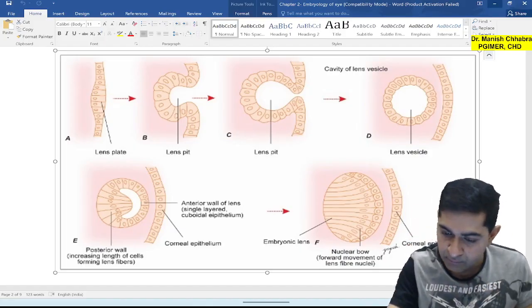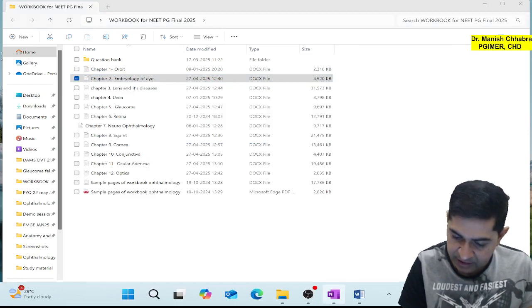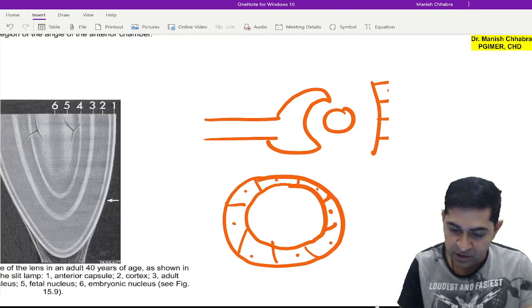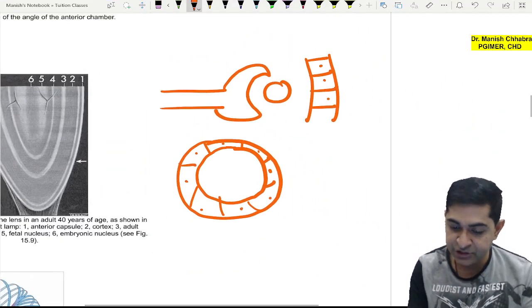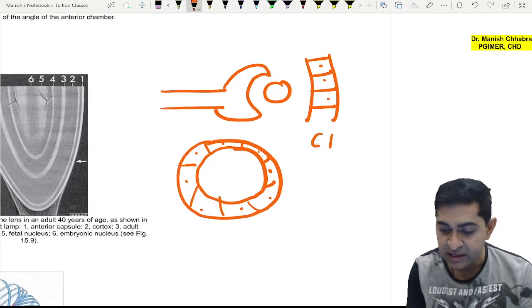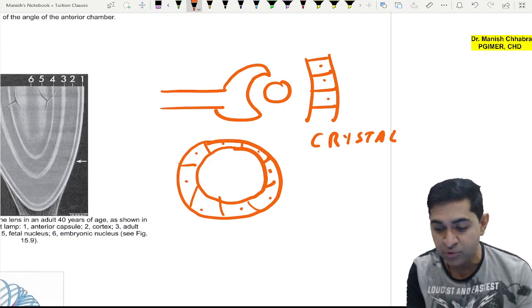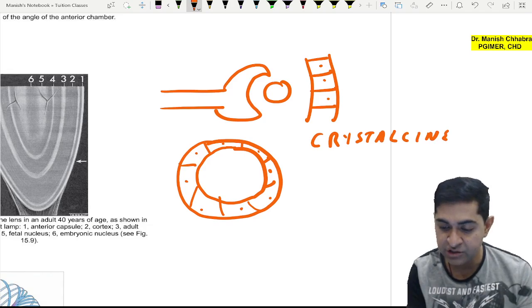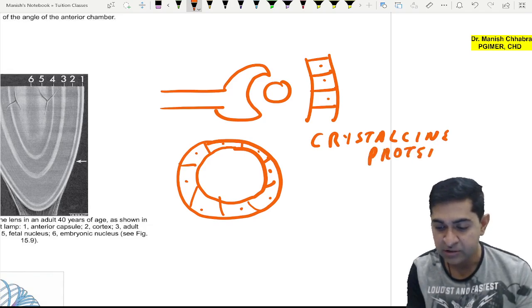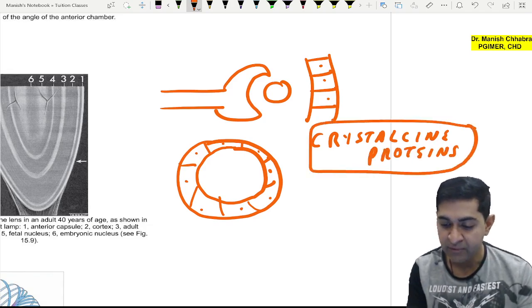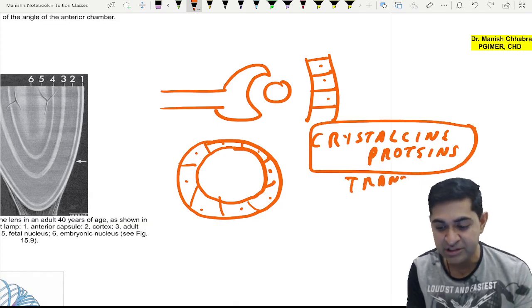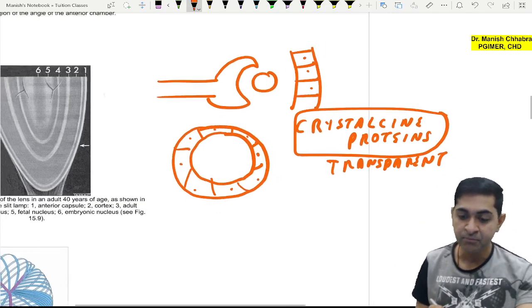Now I think we can write here. These are your crystalline proteins, and they are transparent proteins. If we are talking of the lens, it has to be transparent.